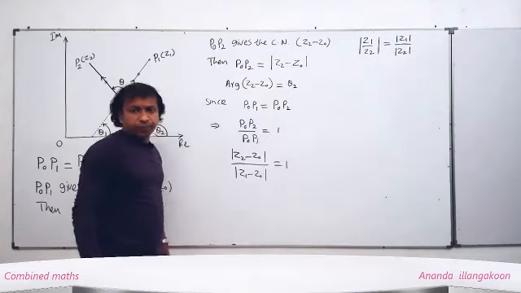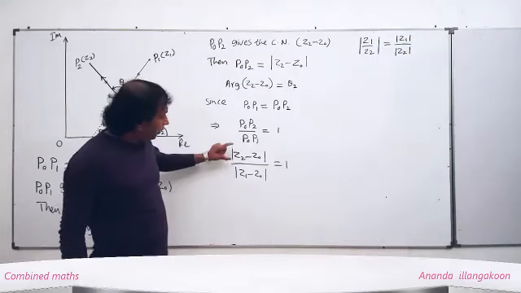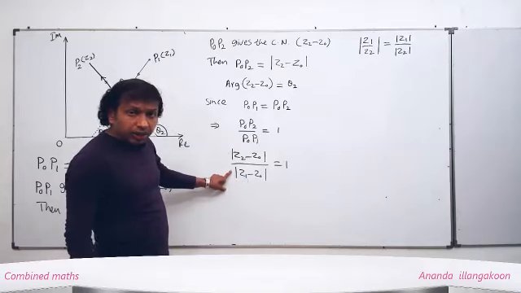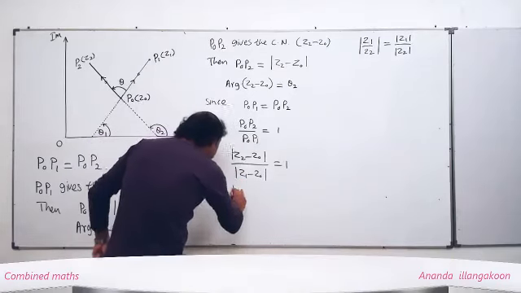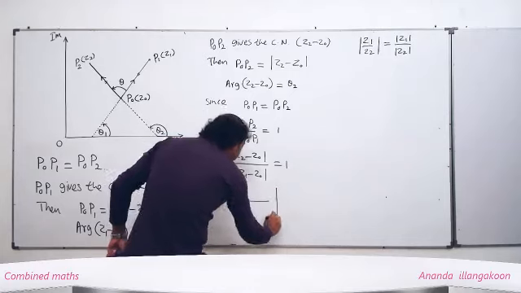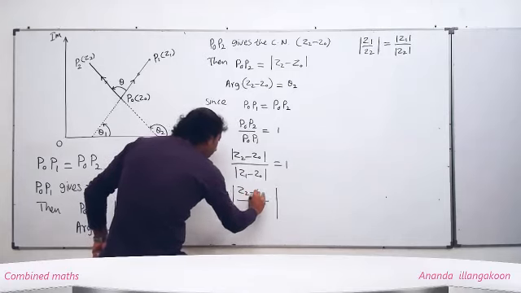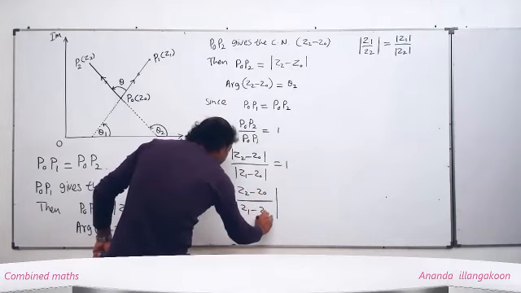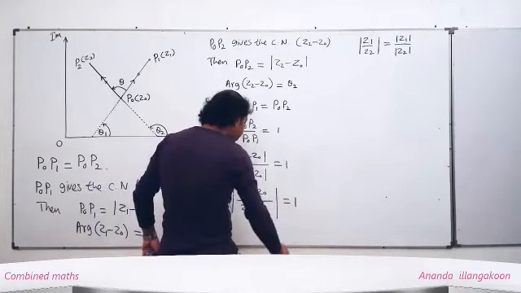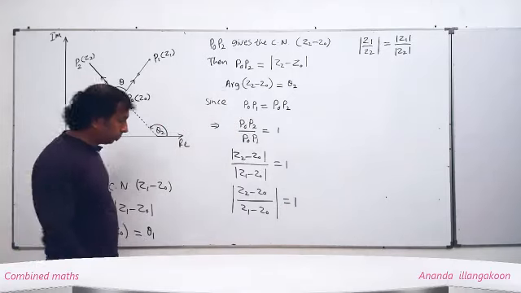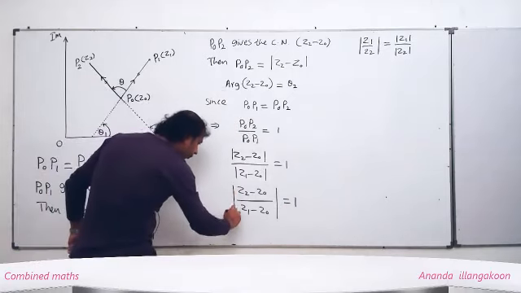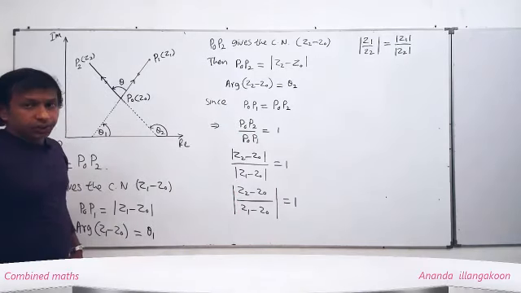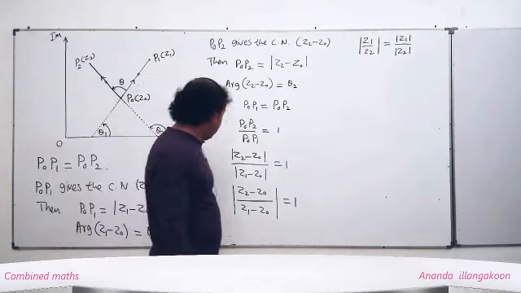Using its converse, this complex number's modulus divided by this complex number's modulus, I can write as one modulus like this, Z2 minus Z0 divided by Z1 minus Z0. This is 1. This is okay, right?